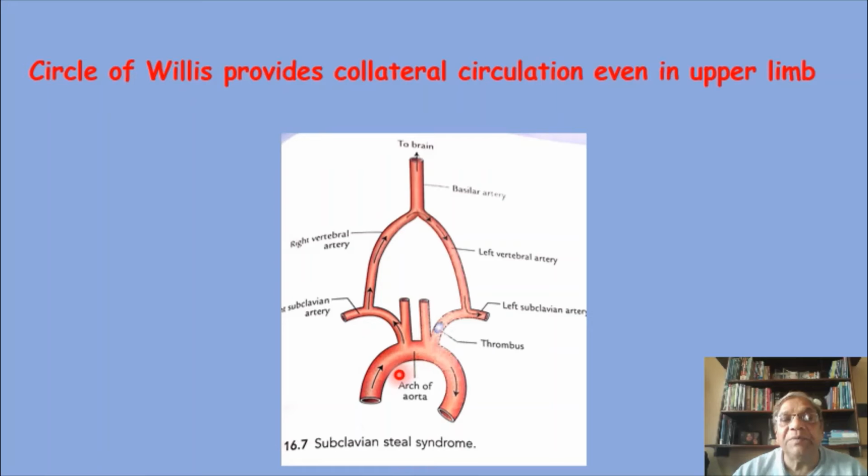Then what will happen is that the left subclavian artery will get its blood from the right vertebral artery. The blood will first go into the right vertebral artery, then from the junction between the right and left vertebral arteries at the lower margin of the pons, which is the basilar artery here in front of the pons, this blood will bypass to the left vertebral artery, and then go to the rest of the places.